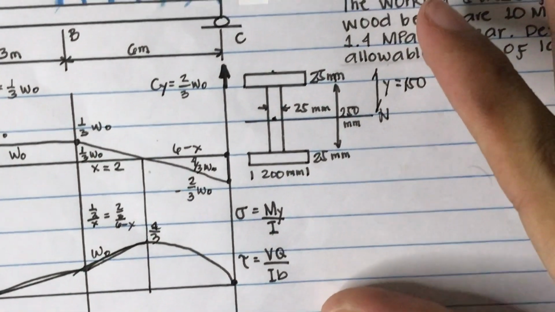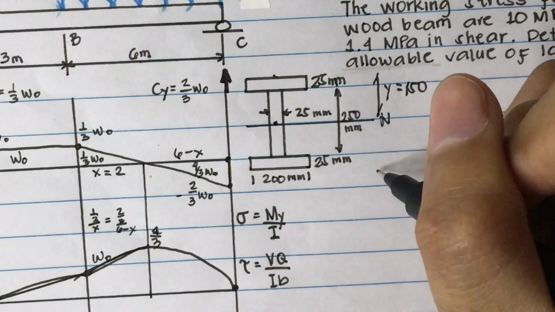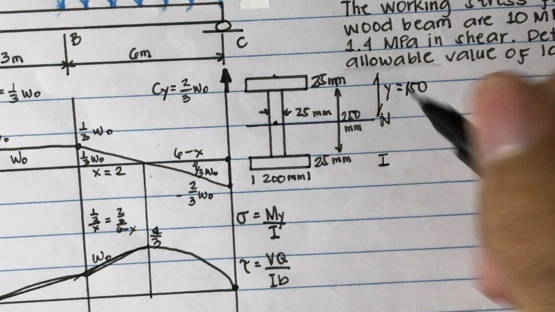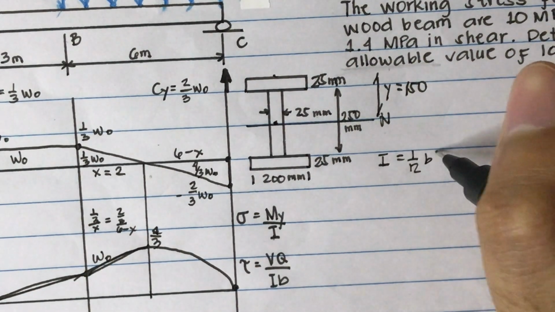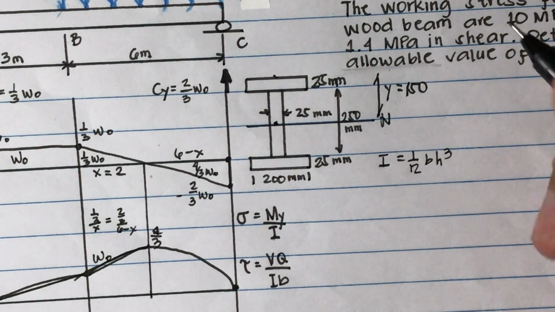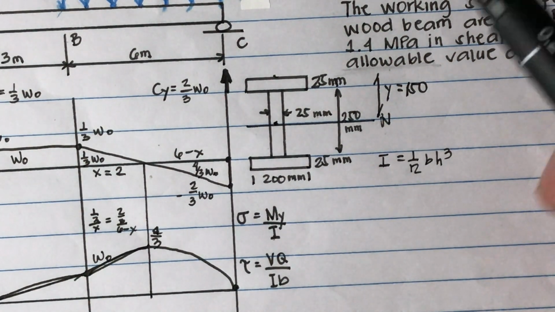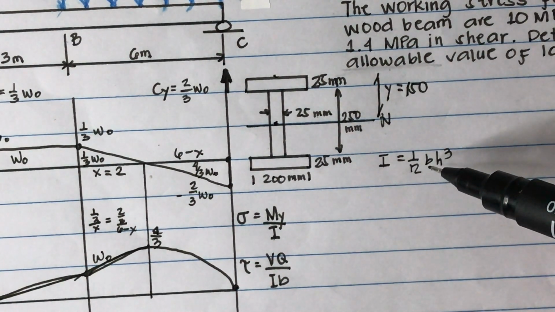Next is I. To find I, here is the formula. I equals 1/12 base times height cube. Since natay tulo ka element sa tuhang beam, which is 1, 2, 3, so tulo pod kay ngani.